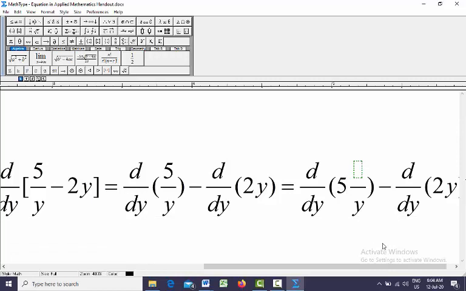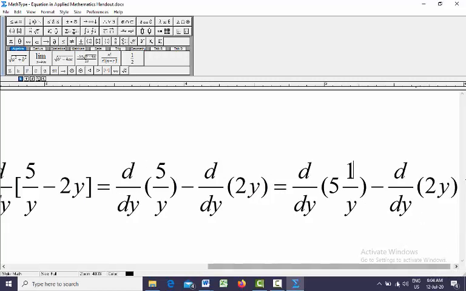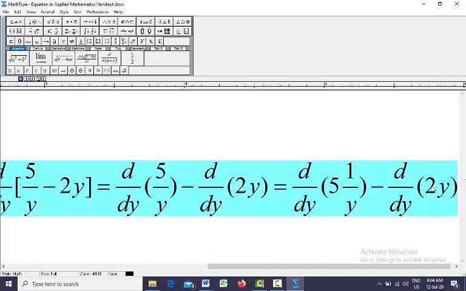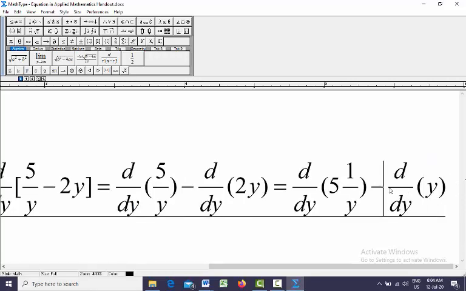So you can bring this 5 out like this, and since we do not have anything here, we will put 1 there. Again, you need to separate this 2 from the variable, because this 2 is the coefficient of y. So you need to bring this one outside.